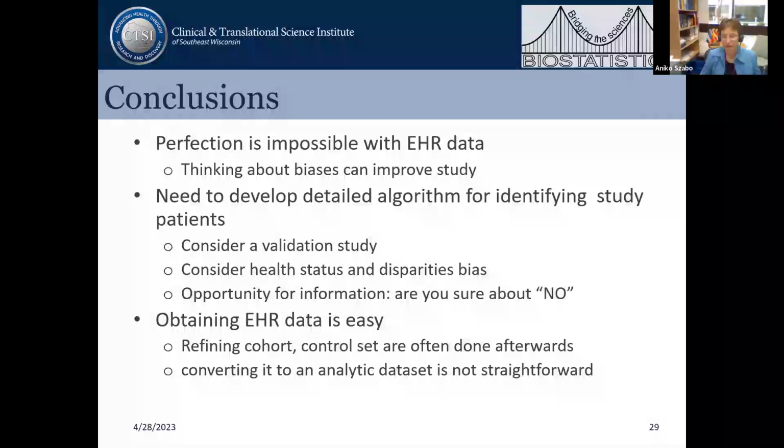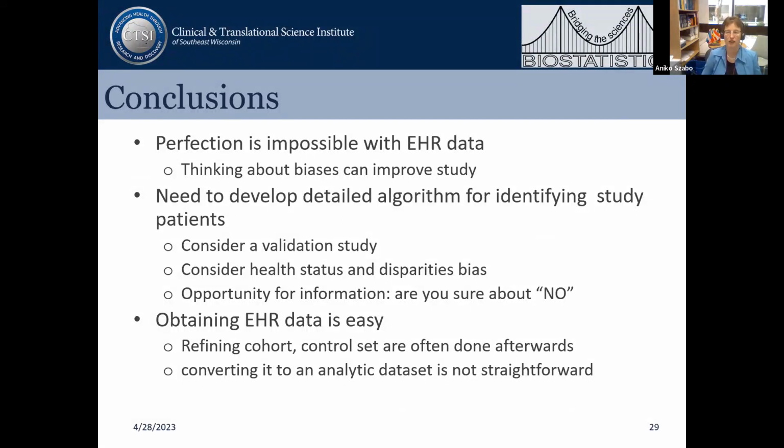So just to wrap it up, one thing to remember is that with EHR data, perfection is impossible. It's full of errors and omissions, because the process of getting data into it is so imperfect and depends on so many things, so there will always be biases.